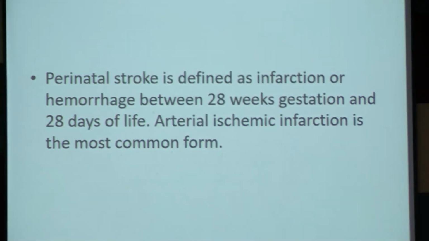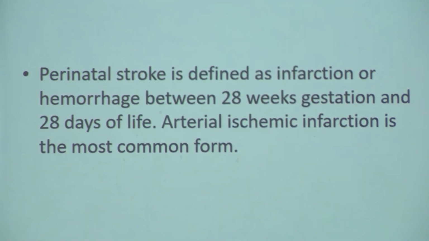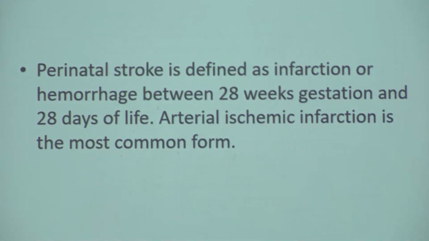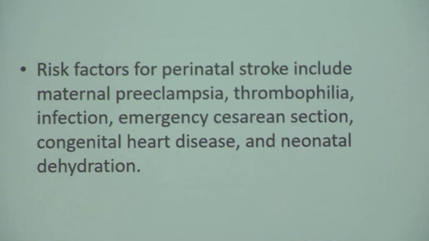What is perinatal stroke? From 28 weeks of gestation to 28 days of life, that's called perinatal stroke. I think this is not required for you, but since there are questions about it, that's why I'm telling this. I have discussed that the middle cerebral artery is the most important part of this.